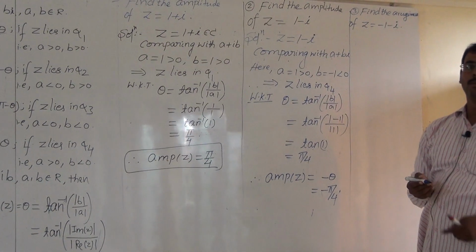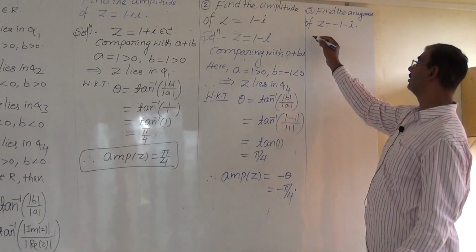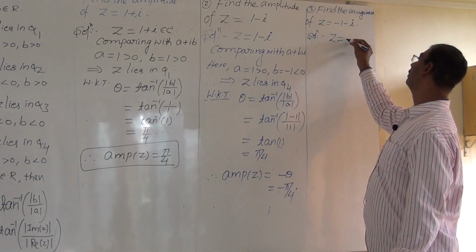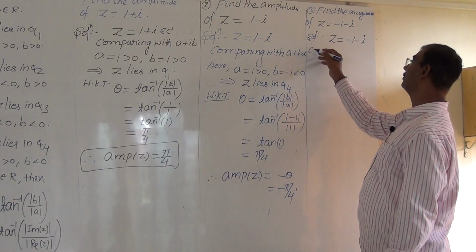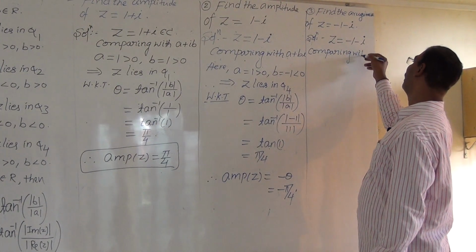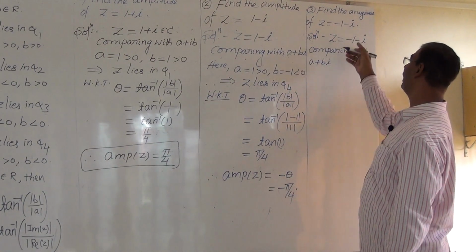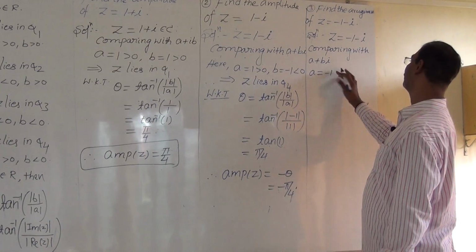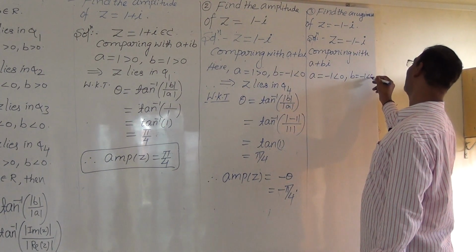Now comparing with A plus Bi, what is the A value? Very simple. Here A is equal to minus 1, which is less than 0. And B, the coefficient of i, is also minus 1, which is less than 0.